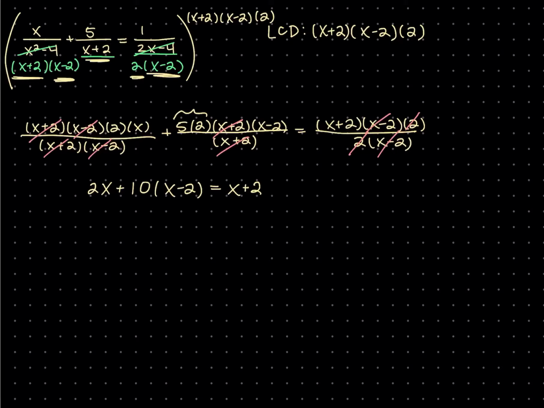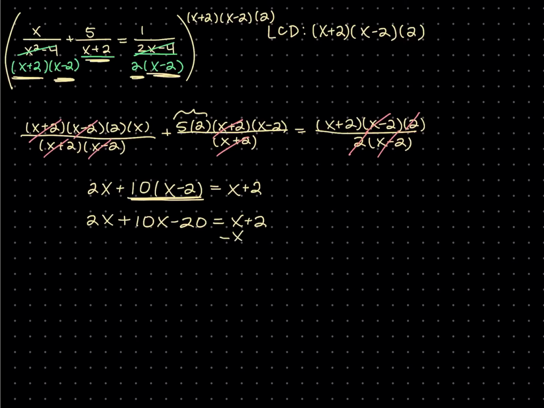So let's go ahead and solve this like we would any other equation. We'll start by multiplying out this part right here. So we'll get 2x plus 10x minus 20 equals x plus 2. Now we're going to get all of our stuff onto the one side so that we can factor and solve.